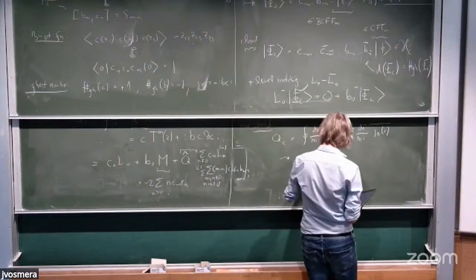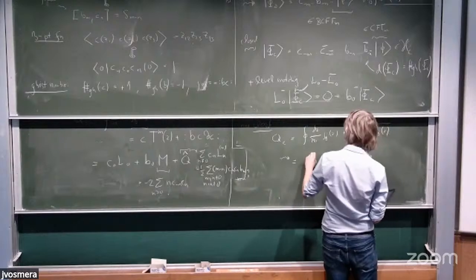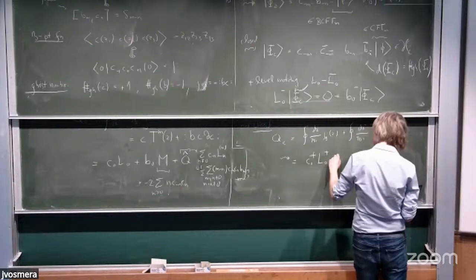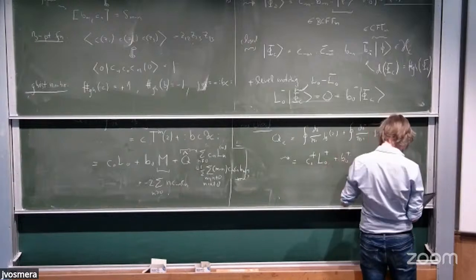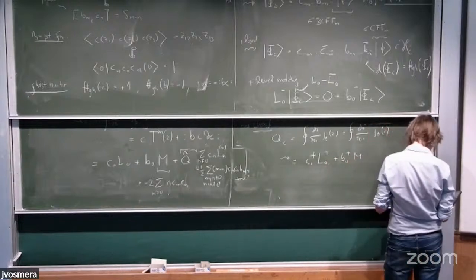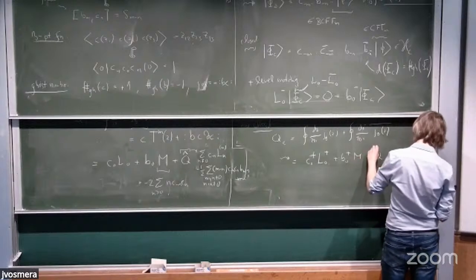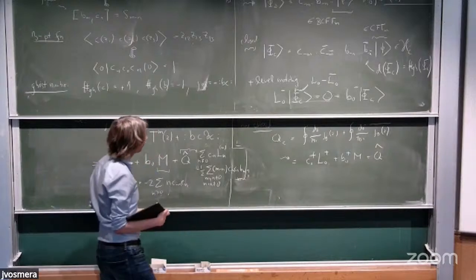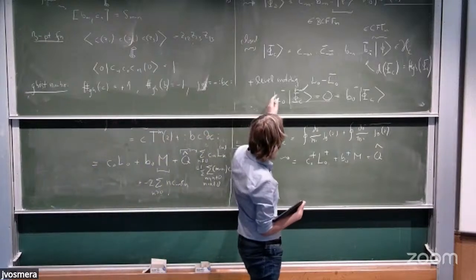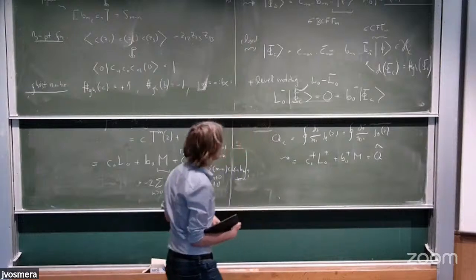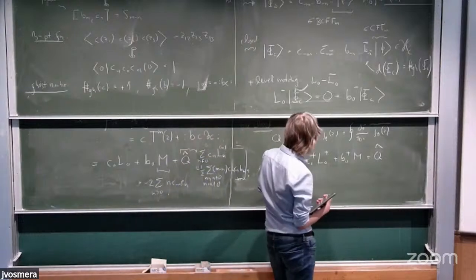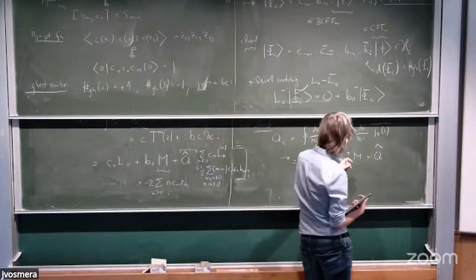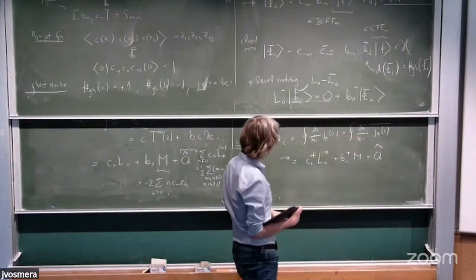So using that, we find that we can actually write this as c_0^+ L_0^+ plus b_0^+ M plus some Q hat. The operators with pluses are defined analogously to the operators with minuses, but replacing this minus with a plus. So c_0^+, for instance, would be actually one half of c_0 plus c_0 bar, and b_0^+ would be just b_0 plus b_0 bar without the half.